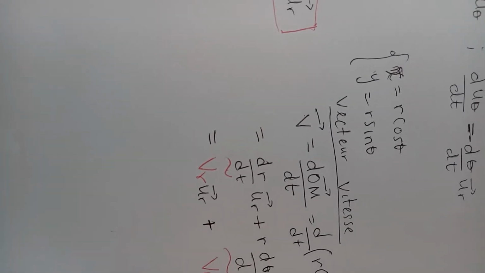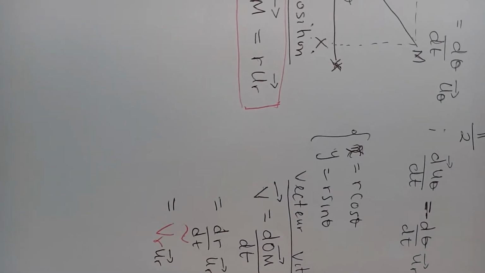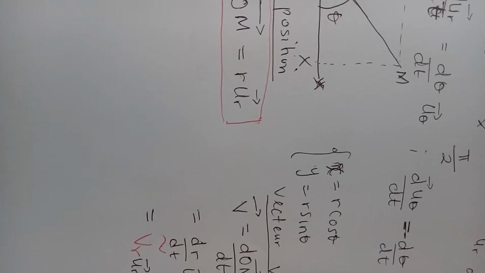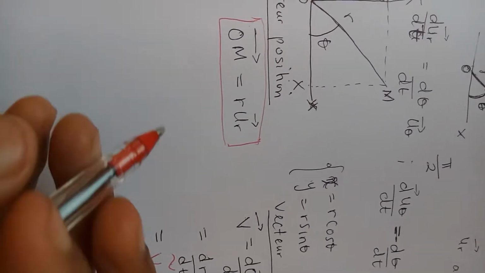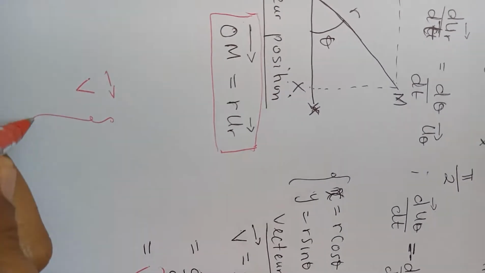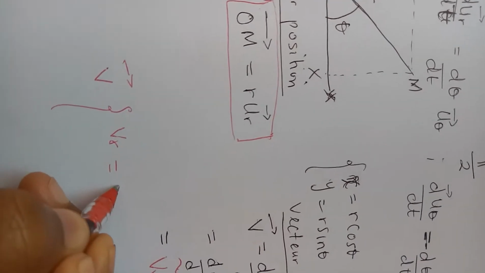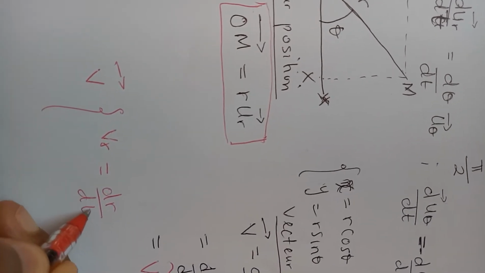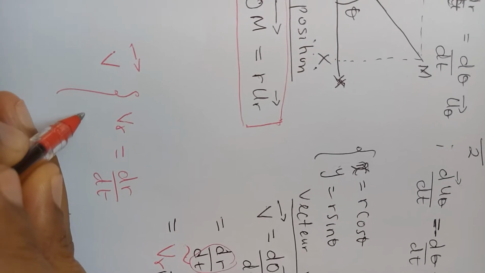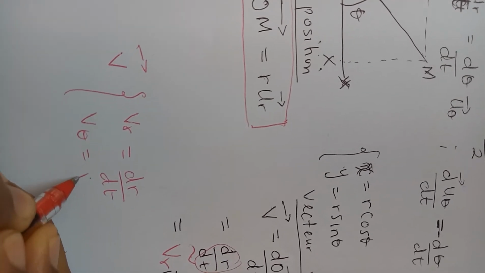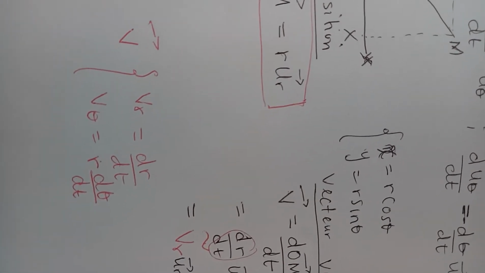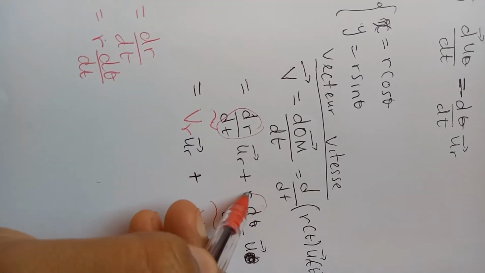So finally, after finding this, what are the components of the velocity? We can now say V_r is equal to dr over dt, which is this relation here, and V theta is equal to r d theta all over dt, which is this one.